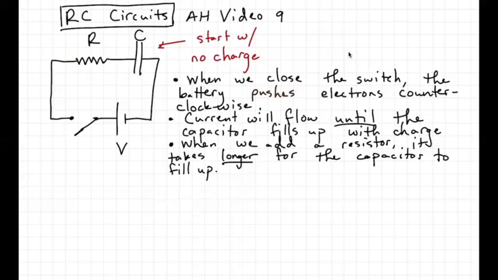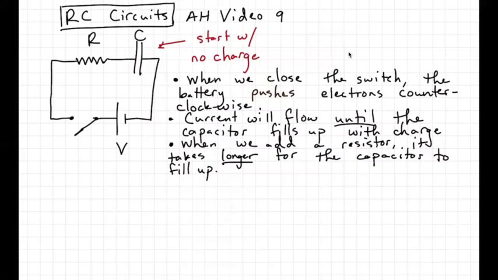Eventually, the capacitor fills all the way up. We get the maximum amount of charge, positive charge on this side and negative charge on this side. Then current stops flowing at that point once the capacitor is storing the maximum amount of charge, because the battery isn't strong enough to push more charge on the capacitor plate. So what we expect is that current flows fast at first and then slowly dies off as the capacitor builds up charge.